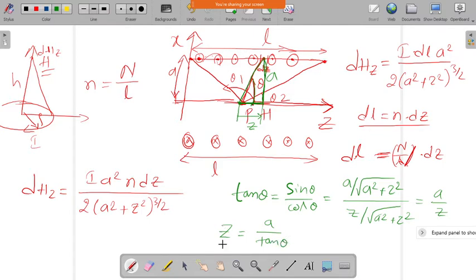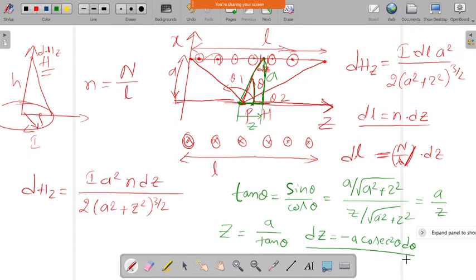Now if I differentiate with respect to theta, we get dz, which is nothing but minus a cosecant square theta into d theta. Now we can replace this dz in the expression for dHz. For the integration purpose, I will manipulate and write some more terms.